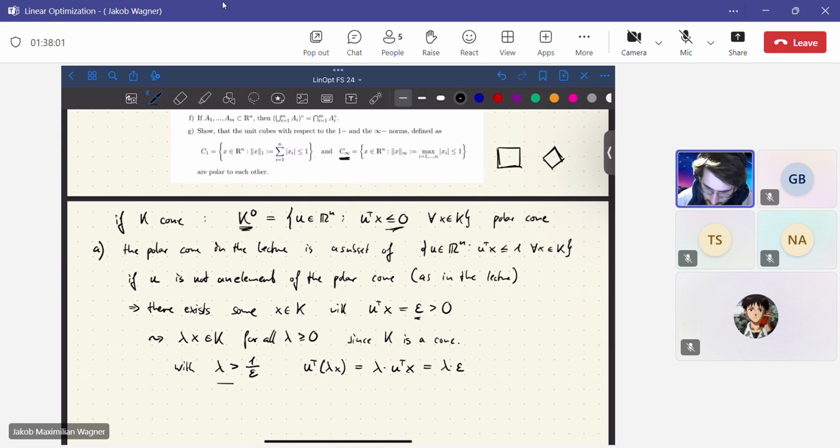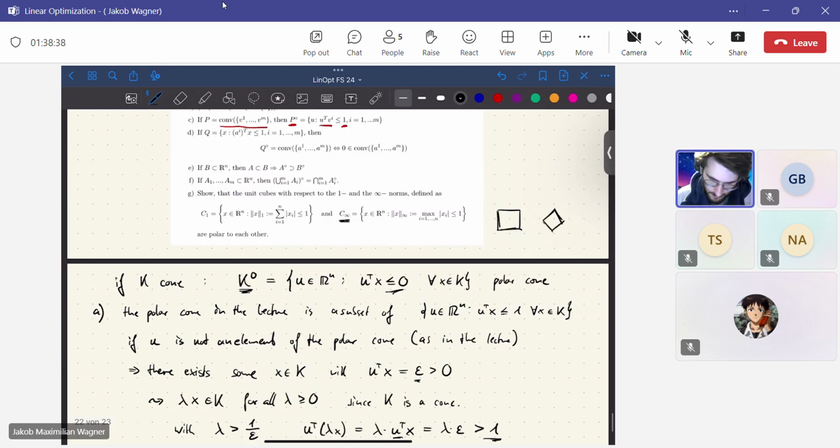And because lambda is greater than 1 over epsilon, this is greater than 1. And so we have found a point lambda X in the cone where U times lambda X is greater than 1. So U is not in the polar set of K where we have the definition as above. So for cones, these two definitions are the same.